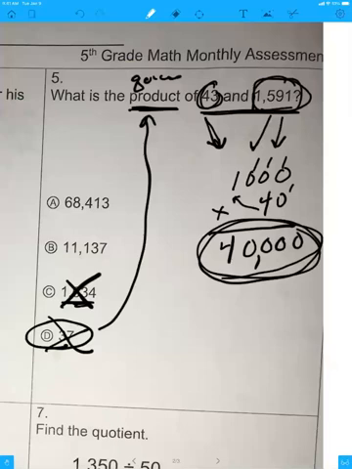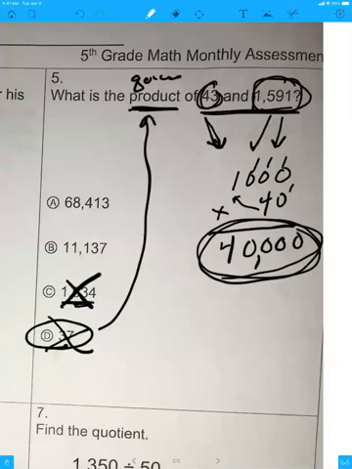So this is not so much a math problem of doing 1,591 times 43. You have to know what the word product means. And if you do a quick estimate in your head, even if my estimate is horrible, you can't drop 1,591 all the way down to 1,000. It's ridiculous. It's downright silly, but it still told me the answer, right?